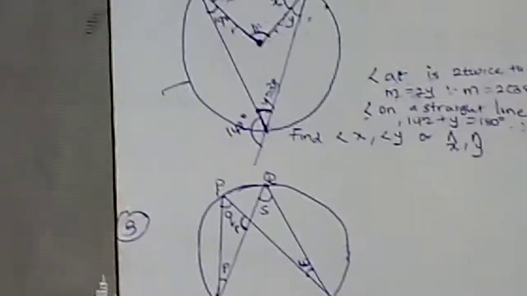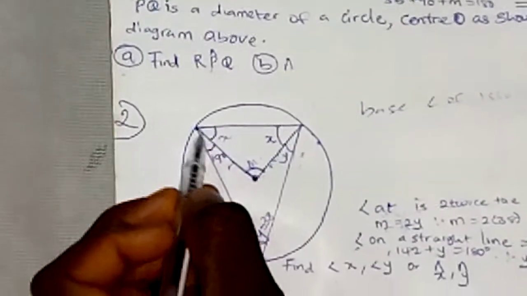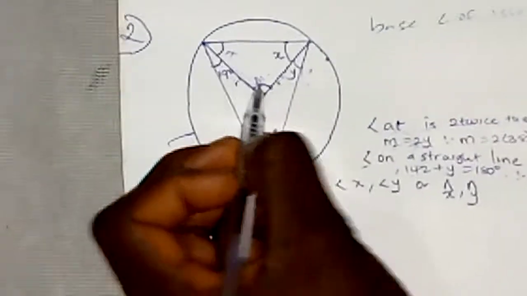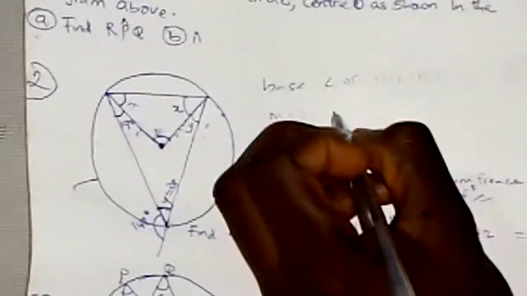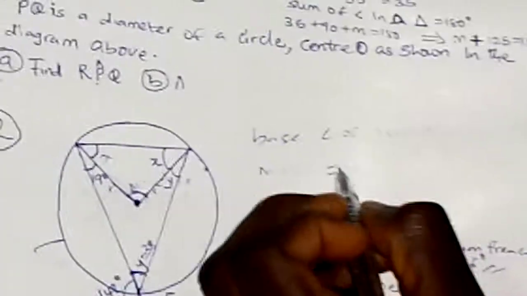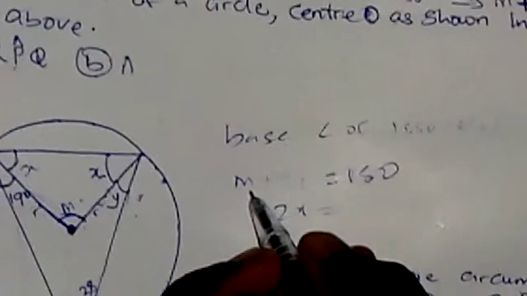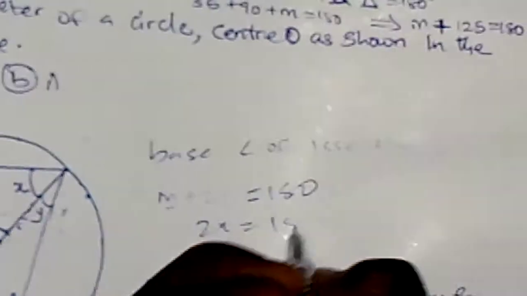Now for us to look for our x, the sum of angles in a triangle, this is a triangle now, so m plus x plus x, that's m plus 2x equals 180, sum of angles. So when we collect like terms, in order to look for our x, this m will come to this side, so 180 minus m.